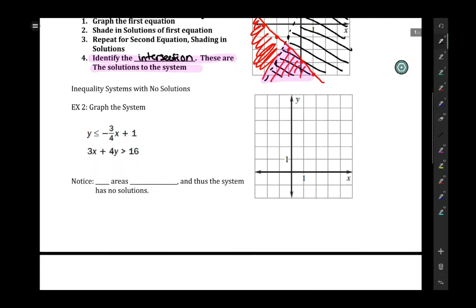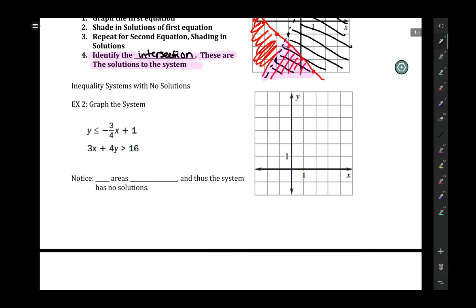Okay? Now, different things these might look like. Identify inequality systems with no solutions. Again, graph them each just like you would before. So up 1, negative 3, 4. So down 3, 1, 2, 3, 1, 2, 3, 4. Solid line.